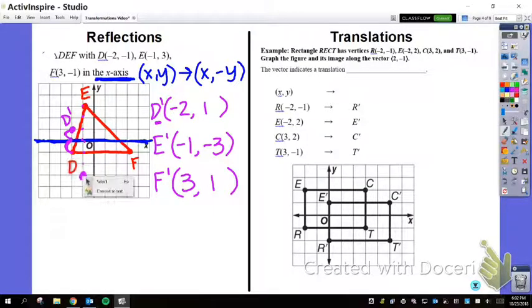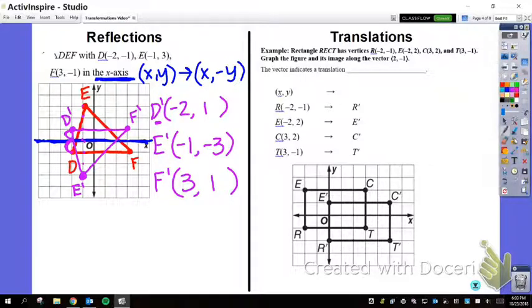Which does put us at -1, -3. That's E prime, and then F prime is over 3 and up 1, which is 1 unit from the axis, the line of reflection. So if we connect those together, let me do a better job on that one. Okay, then that is our reflected triangle.